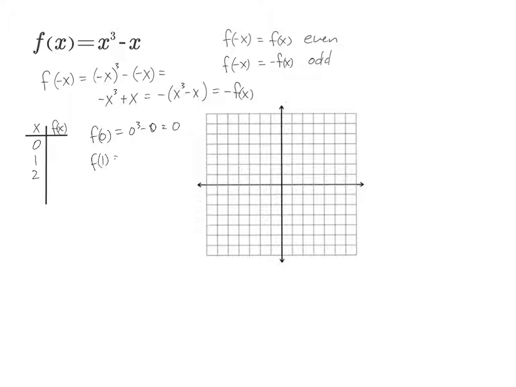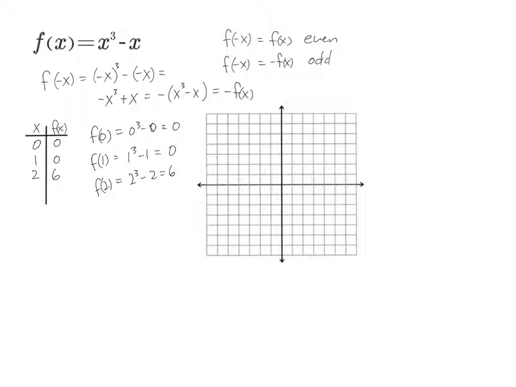F of 1 is going to be 1 cubed minus 1, which is going to be 0. And then I get f of 2, which is 2 cubed minus 2. Well, 2 cubed is 8 minus 2, it's going to be 6. So we end up getting 0, 0, and 6.